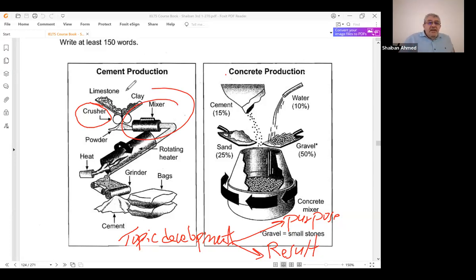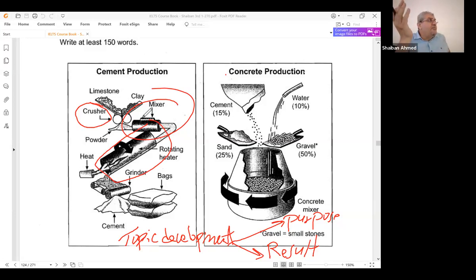Okay. How about another development in the cement production? Maybe heat. Why heat? To get rid of humidity, yes, that's it.